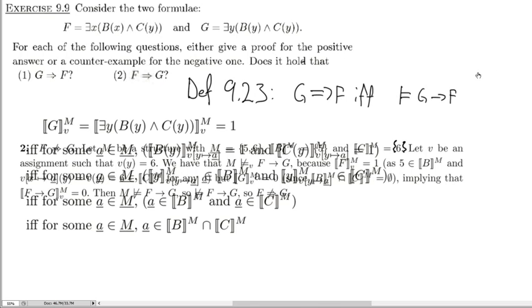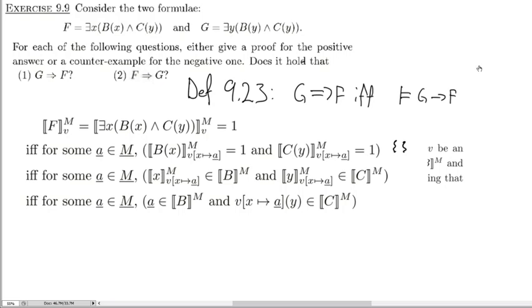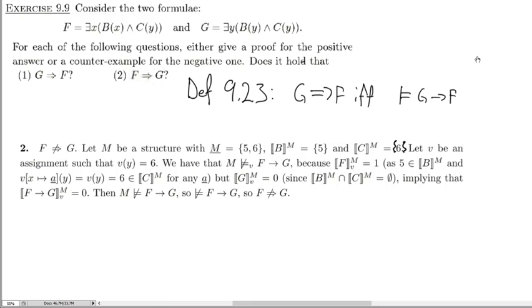For F to be true, this had to be true, and this had to be true.